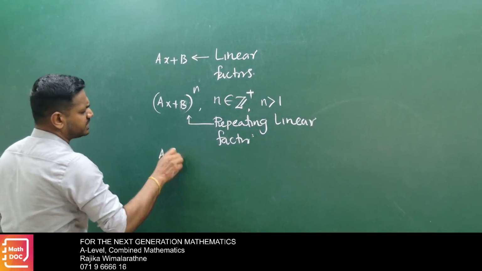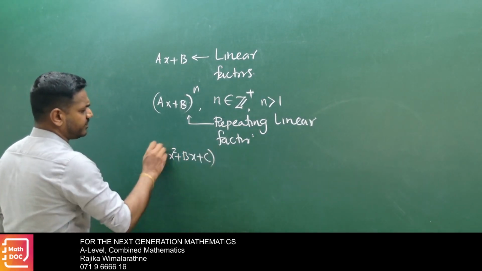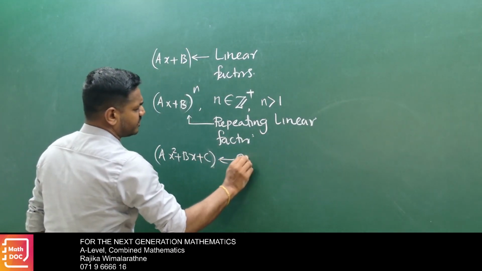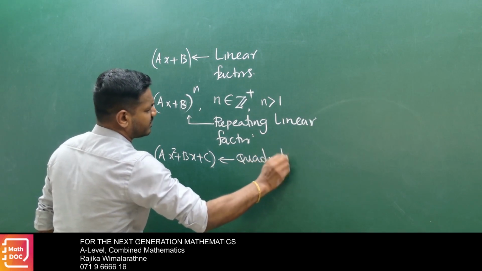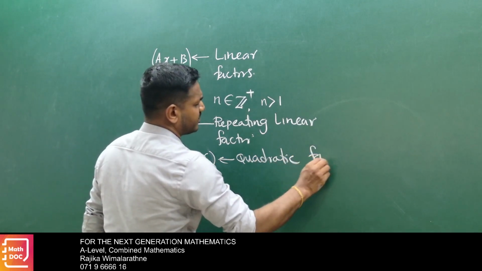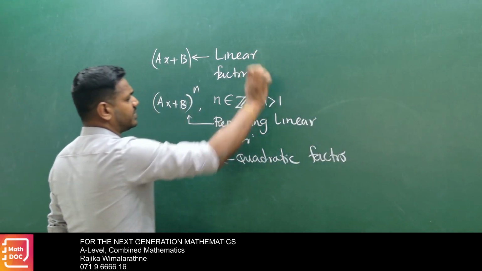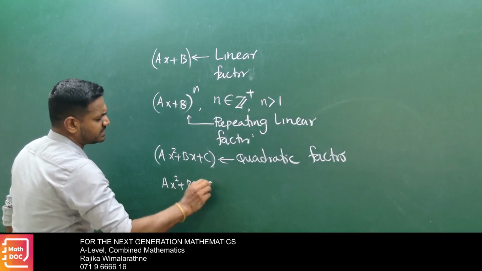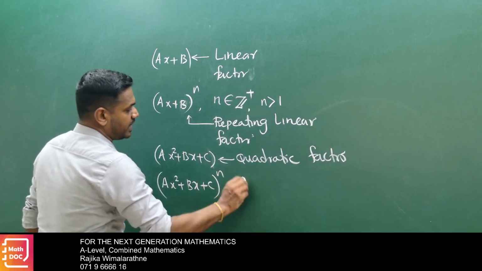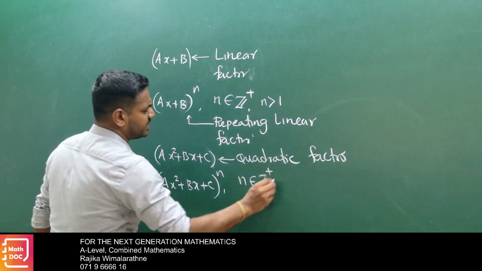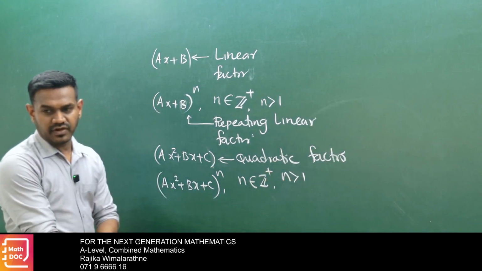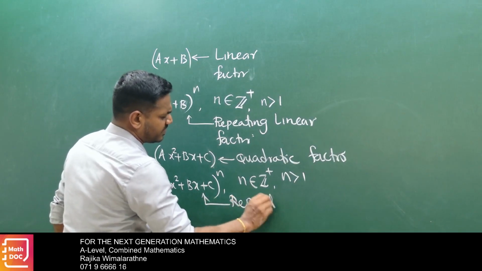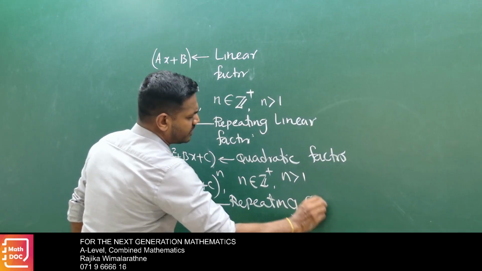Then ax squared plus bx plus c we call a quadratic factor. Then ax squared plus bx plus c to the power n, where n is a positive integer greater than 1, we call a repeating quadratic factor.